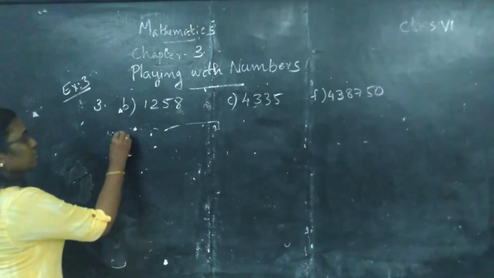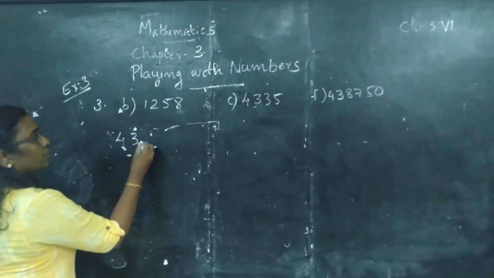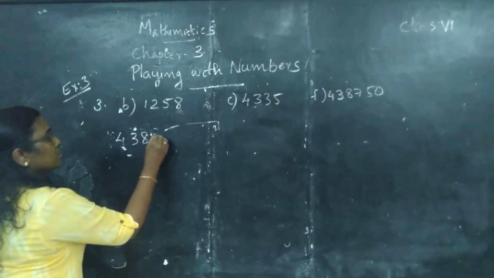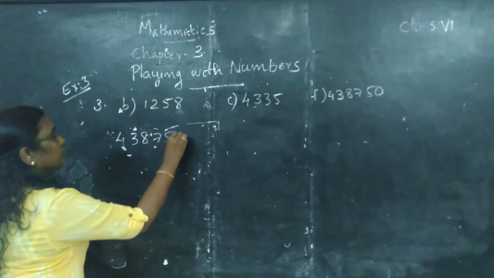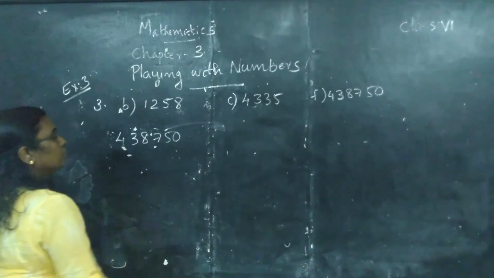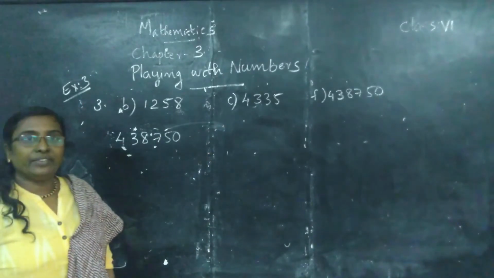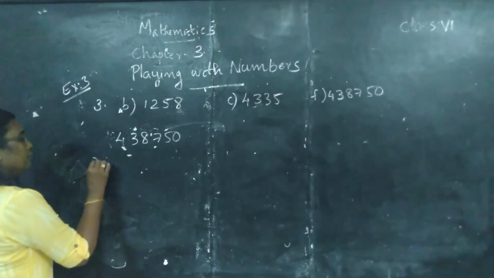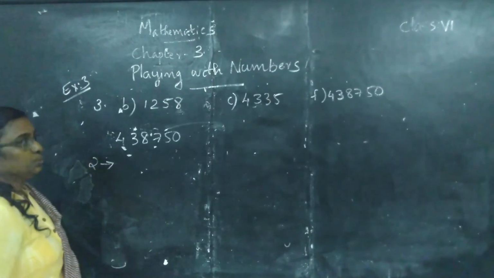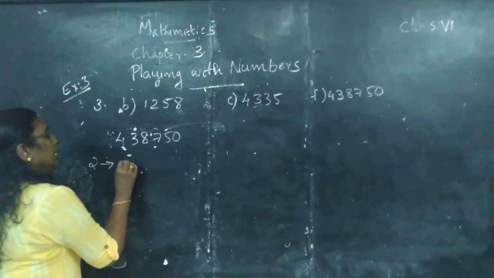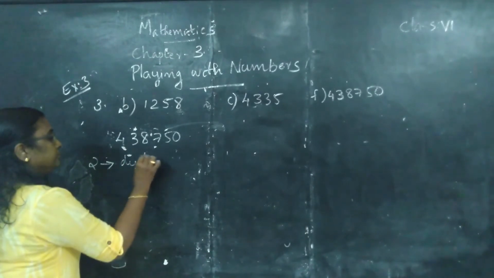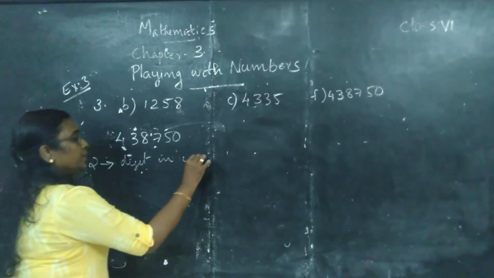Okay. The next question is 4,38,750. First we have to check whether it is divisible by 2. Here the digit in the unit place.